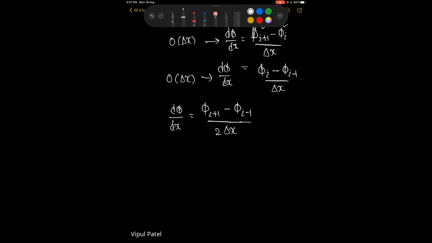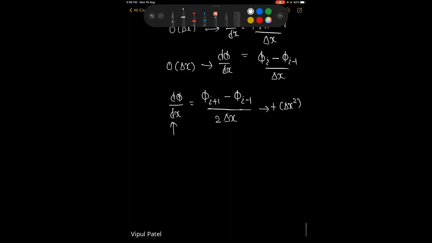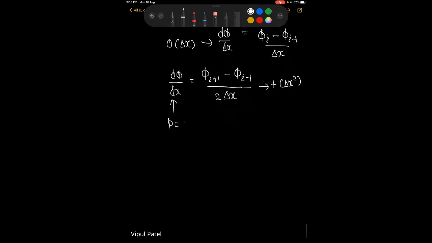Now I know that this is second order accurate, correct? So for this particular formulation, my p, that is the order of derivative, is 1, and my q is equal to 2.